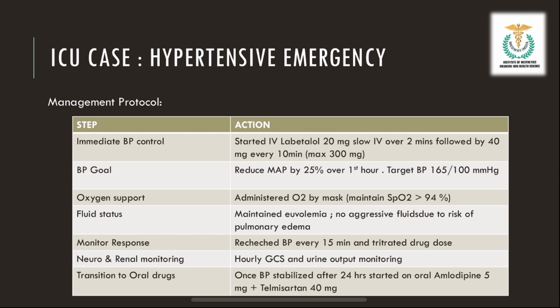Monitor response, so vital signs have to be checked every 15 minutes initially. And transition to oral: once stable, we start oral antihypertensives like amlodipine and telmisartan. So once BP stabilized after 24 hours, started on oral amlodipine 5 mg plus telmisartan 40 mg.